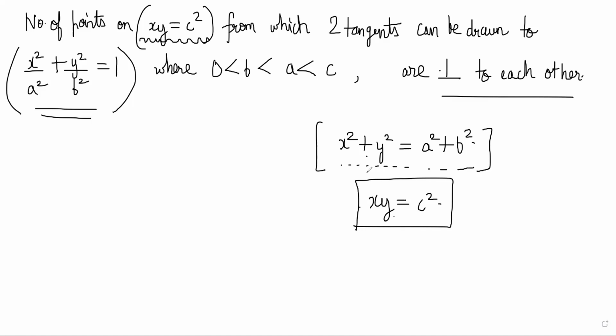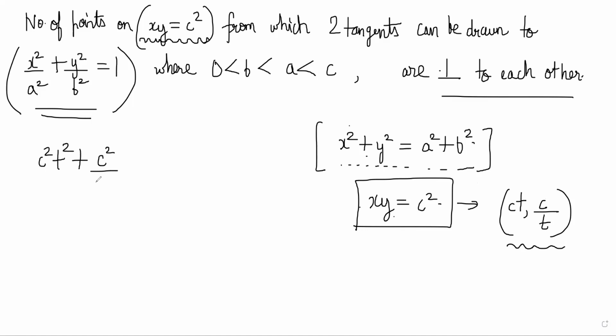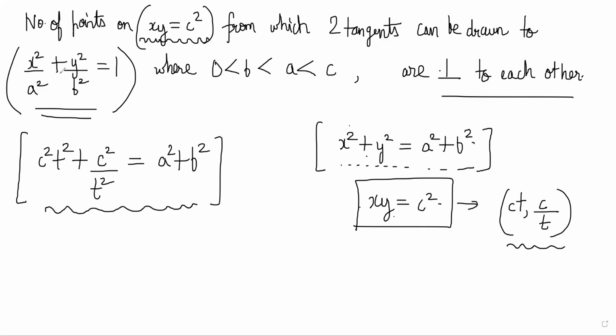What you should do is take a parametric point on the hyperbola like this and put that point in this. It should satisfy this, so c²t² + c²/t² = a² + b². This must be true for any such point to exist. So how many solutions are there to this equation? If you know the number of solutions, you know how many such points are possible.